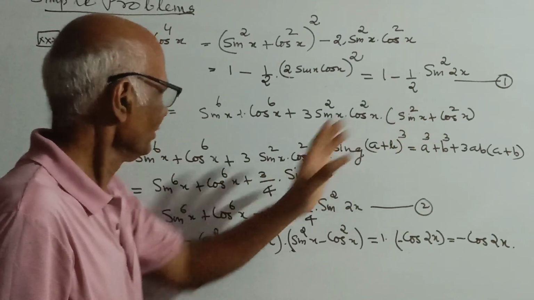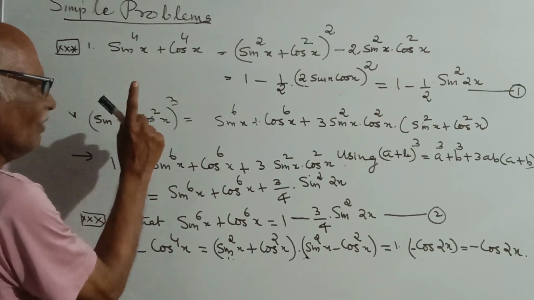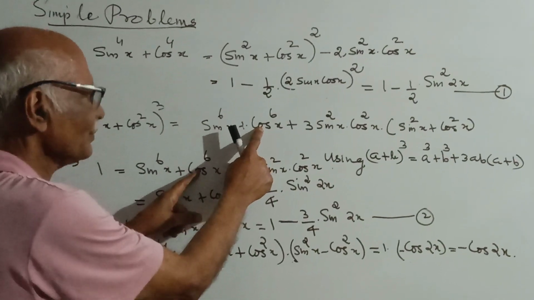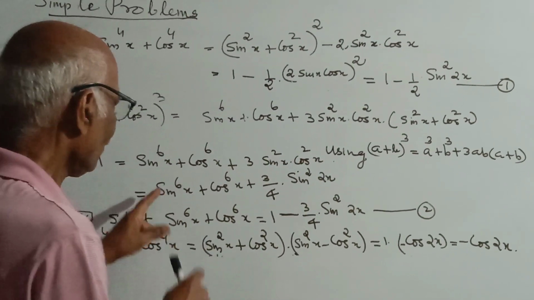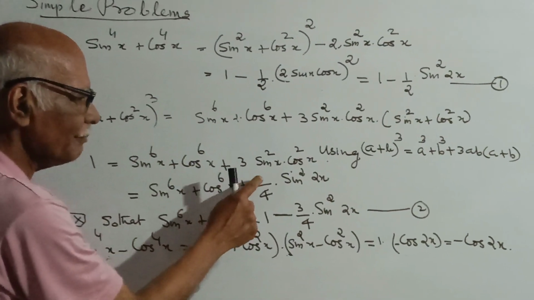This is 1. So net effect, sin squared x plus cos squared x is 1. So 1 equals sin raised to 6x plus cos raised to 6x plus 3 sin squared x cos squared x.